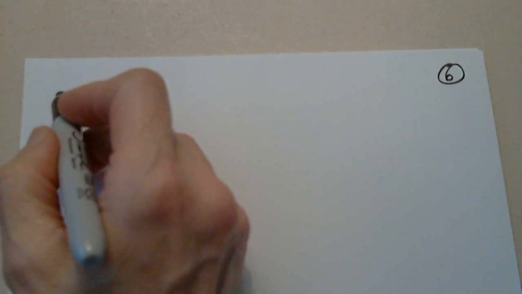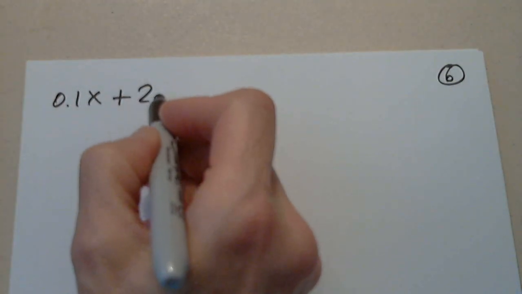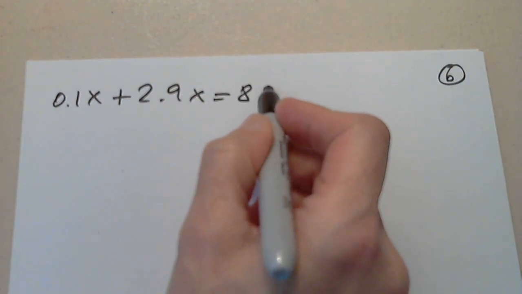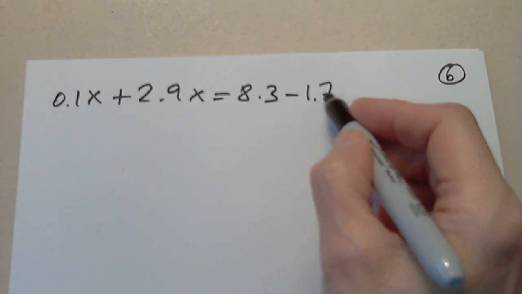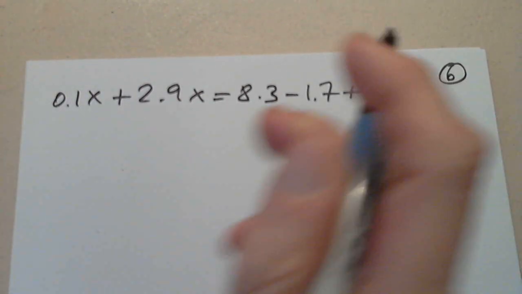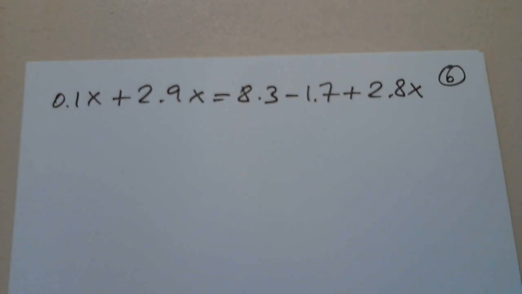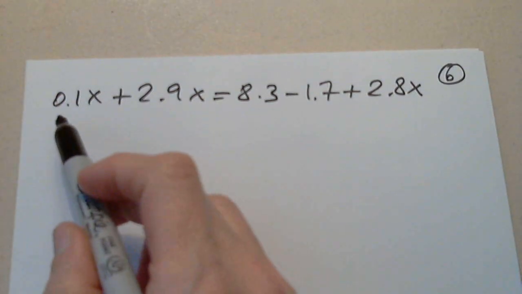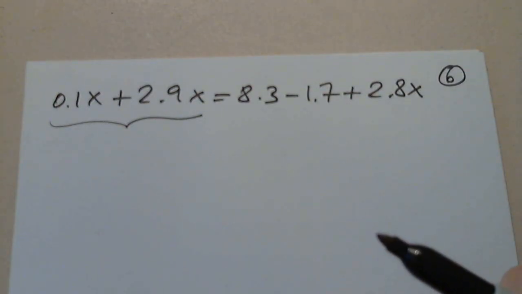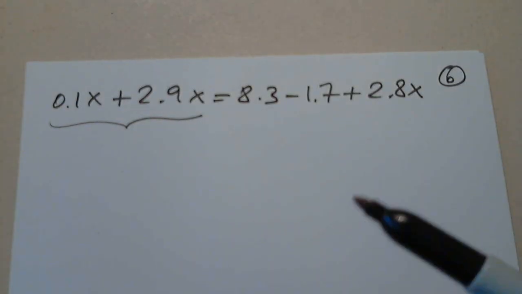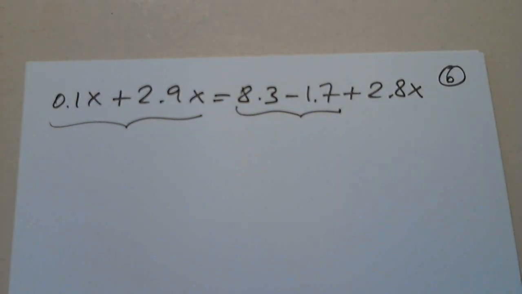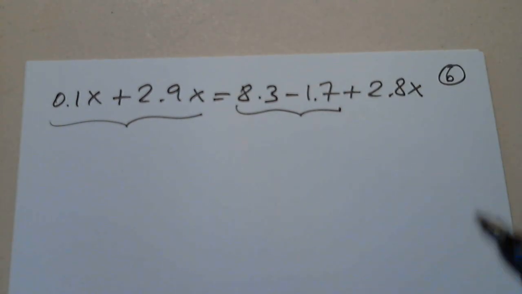Good. So we have 0.1x + 2.9x = 8.3 - 1.7 + 2.8x. First, say it again. I was going to say, I just combined like terms before I did this. Of course, absolutely. But if you think it's easier, I would recommend multiplying first both sides by 10.